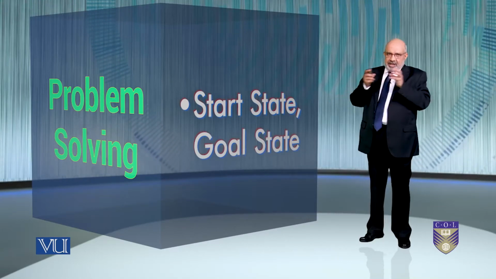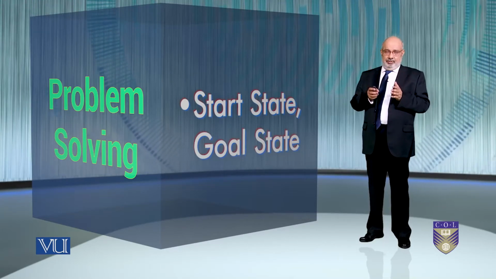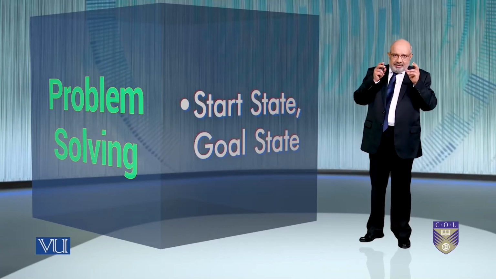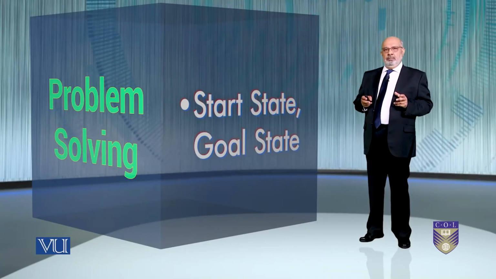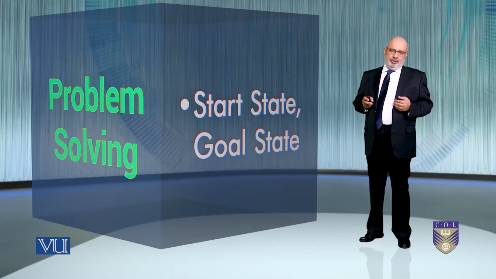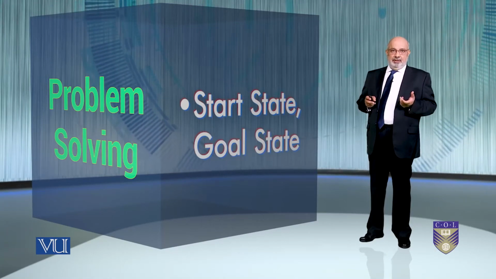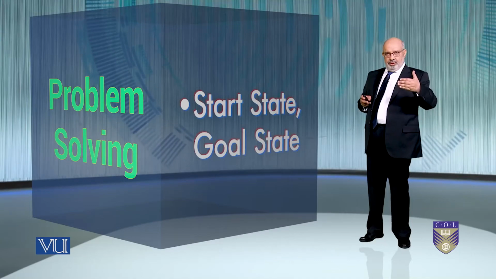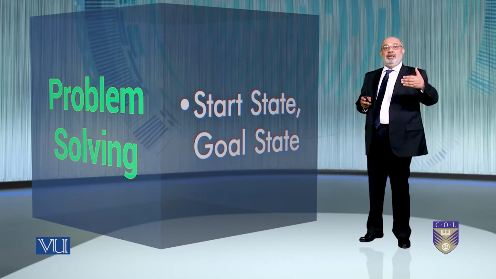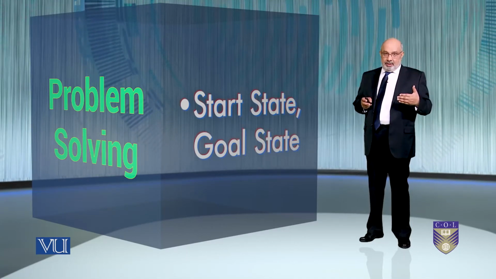And each and every step that you take in trying to get to a solution, we call it a state, a position, as we've seen in the case of the toddler.